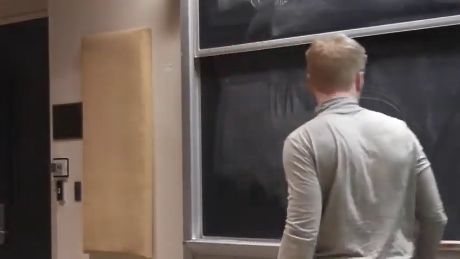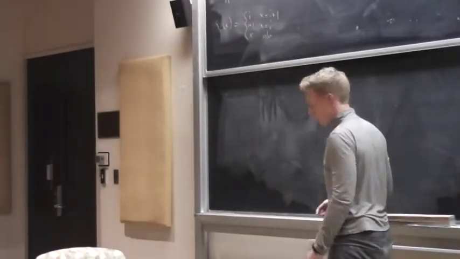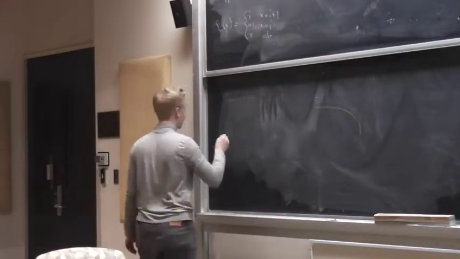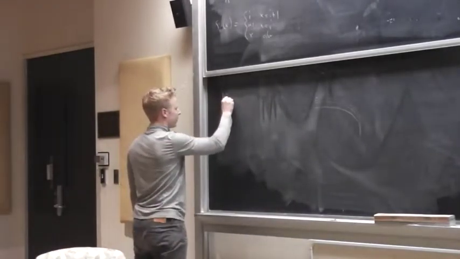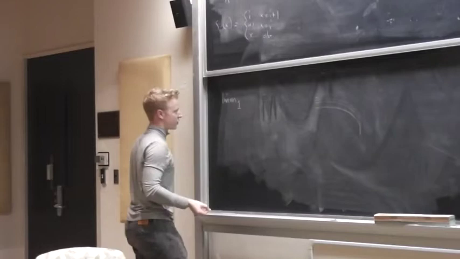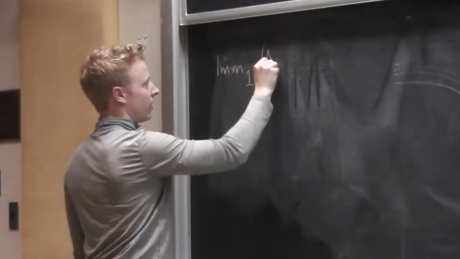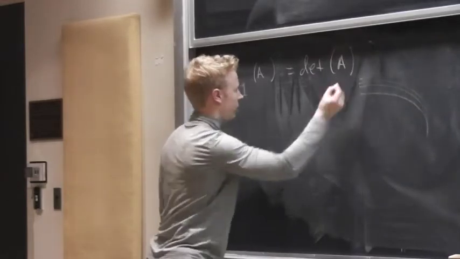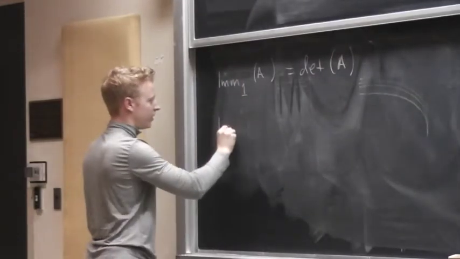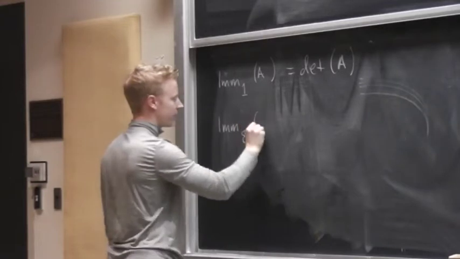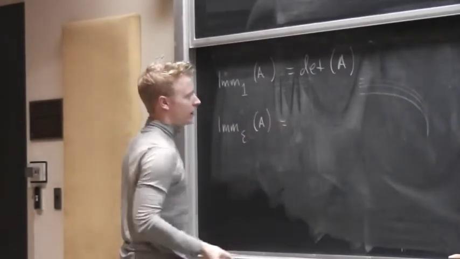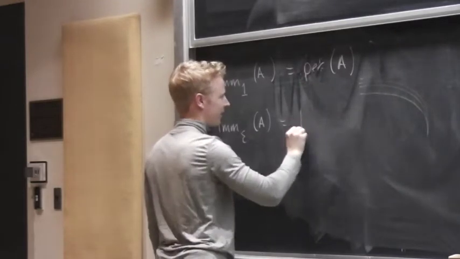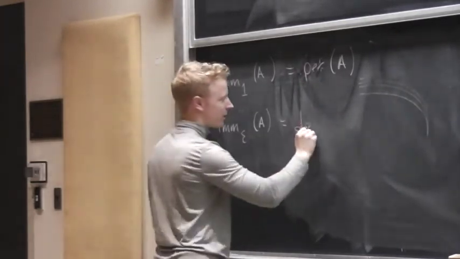So maybe I should say the two most basic motivating examples of an immanent are that the immanent of the constant function 1 is the permanent, and the immanent of the sign function is the determinant.